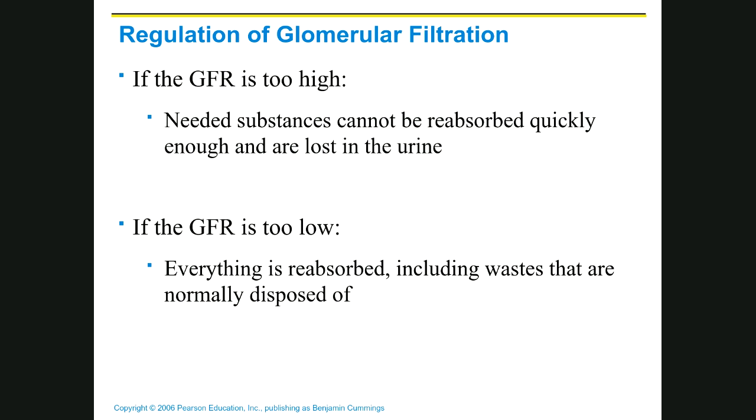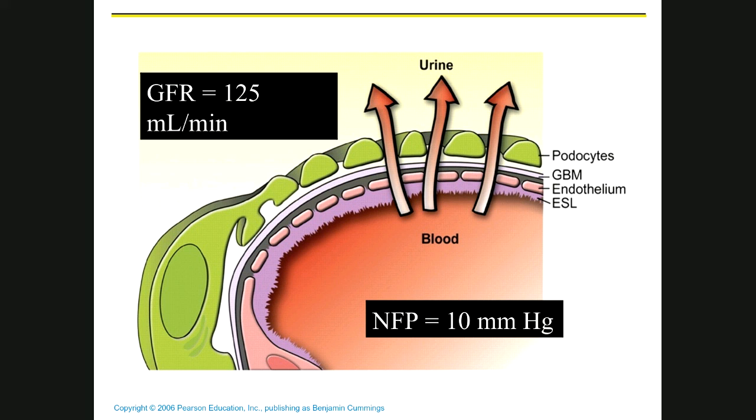Well, remember this GFR, the ideal, is 125 milliliters per minute. You need to remember that number, 125. If we get outside of this 125, we wind up with problems.